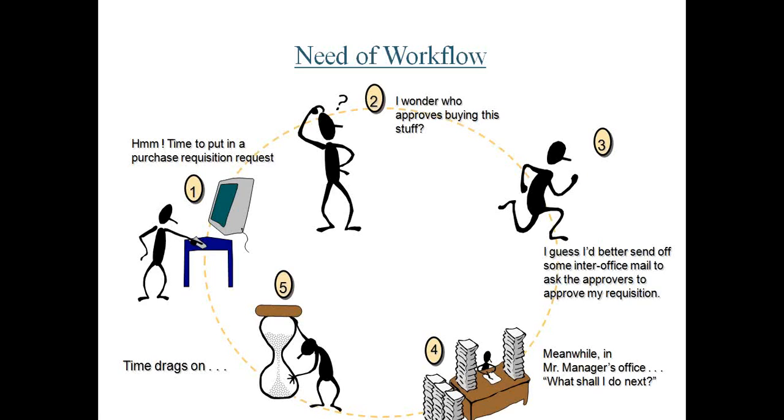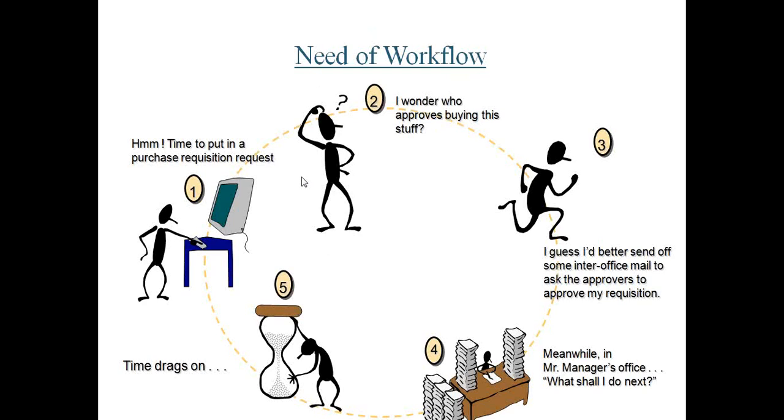First I have to determine who is the manager of the company. Then I go to the manager and drop that mail to him. In the fourth step, you can see that the manager is already overloaded with a lot of work, so he won't be able to see that request. After 2 or 3 days, he sees your request and approves it or takes action on it.